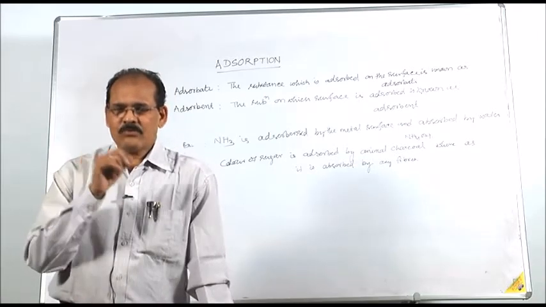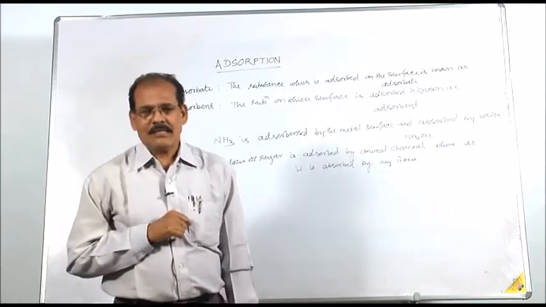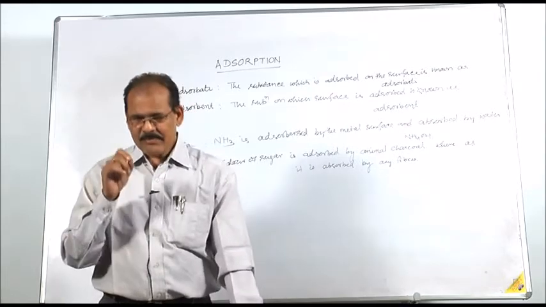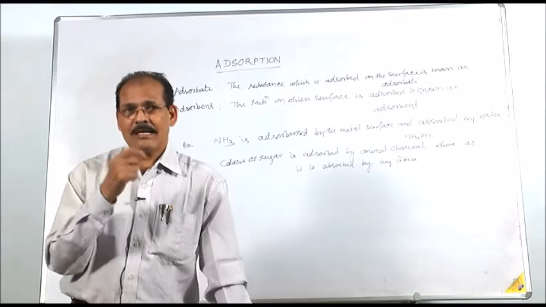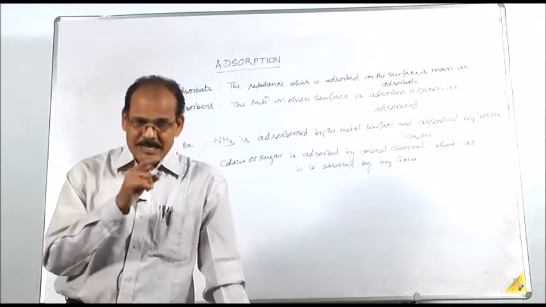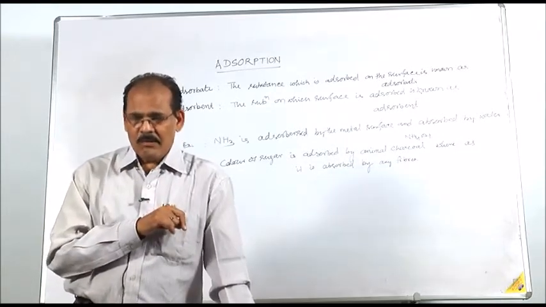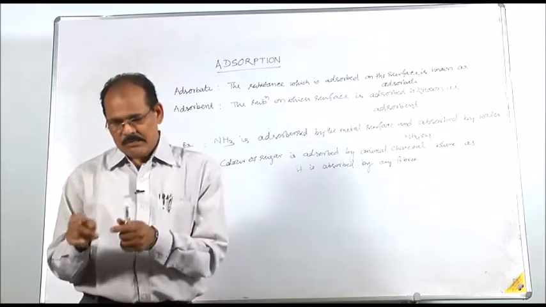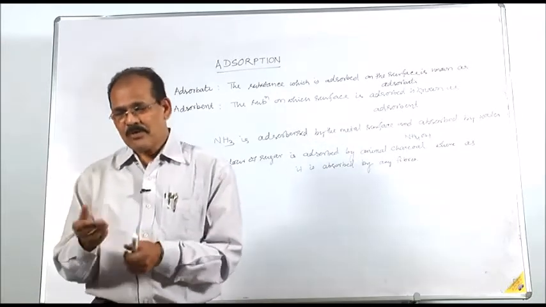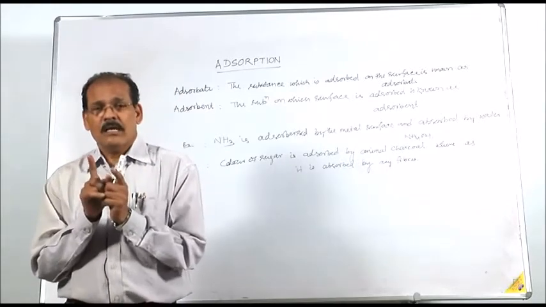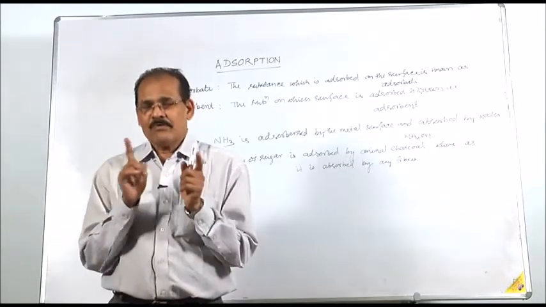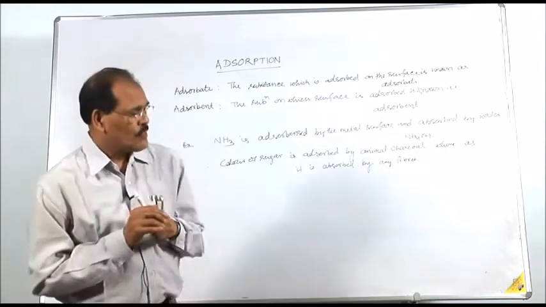That packet is known as silica gel. Why is it kept inside? Because it adsorbs the moisture at its surface. So that is adsorption. But in the case of filter paper absorbing water, that is absorption. So there are two distinct ideas about adsorption and absorption.